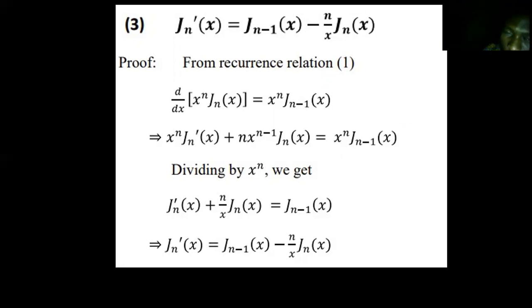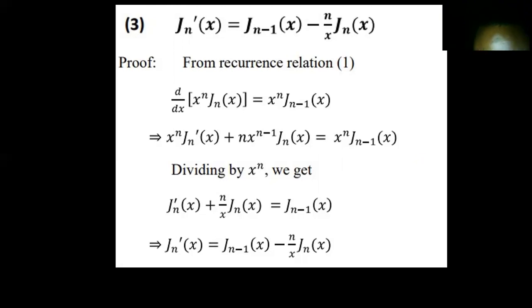If I differentiate my left hand side using our normal product rule, I hold x raised to power n, I differentiate the Bessel function, then I have J_n prime of x plus, if I hold J_n, the Bessel function of n, I differentiate x^n, then I have this, everything equals x raised to power n, the Bessel function of n minus 1.